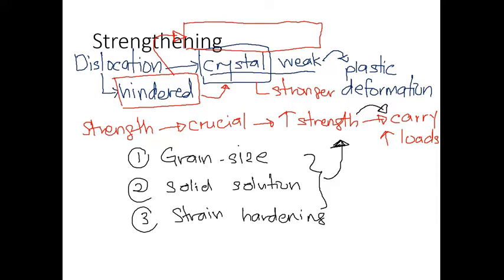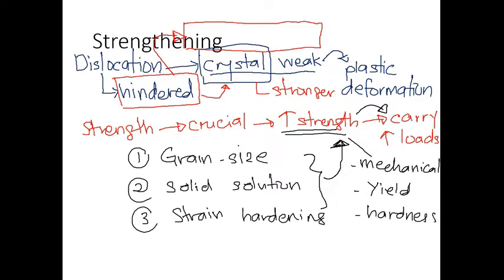The types of strength that we will look into are the mechanical strength, the yield strength, and as well as the hardness. So don't get confused, these are the strength types: the mechanical strength, the yield strength, and the hardness.